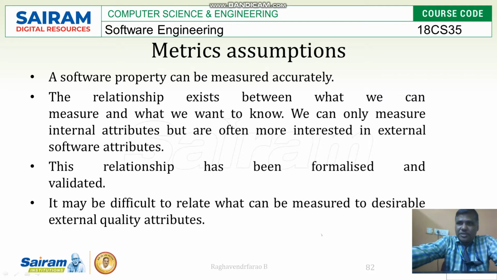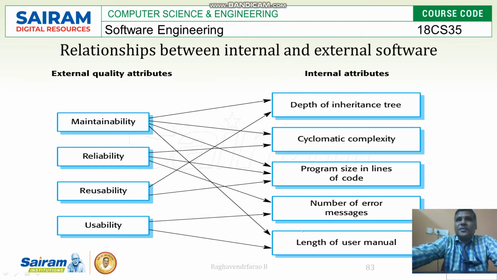Then quality attributes are going to be checked according to the system which is being specified. Here it has been said the relationships between the internal and external software attributes: maintainability, reliability, reusability, and usability. Now you see maintainability is connected with, these are external quality attributes, and these are internal.